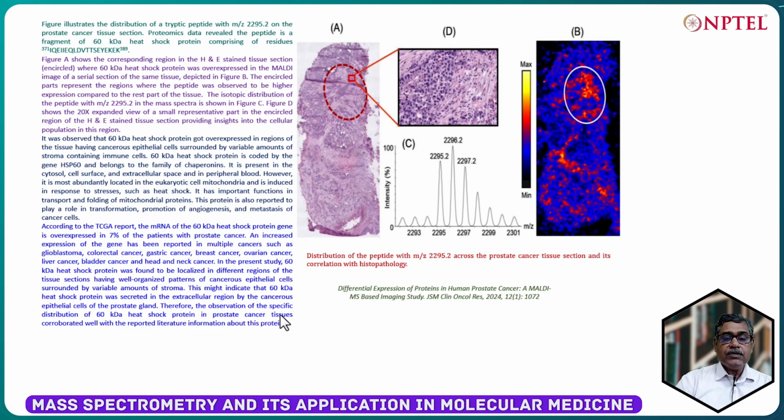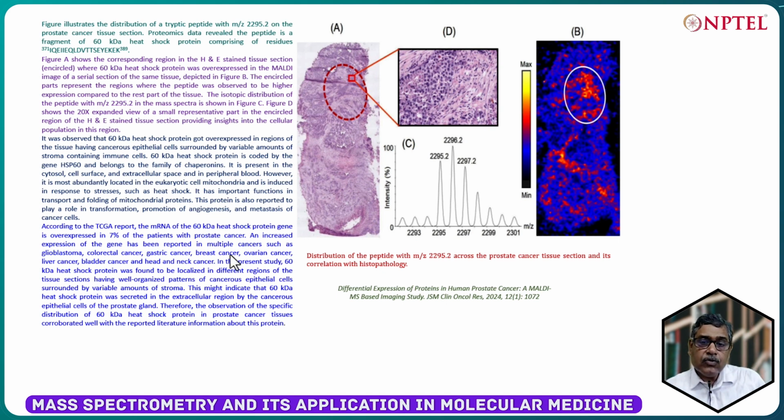Therefore, the observation of this specific distribution of the heat shock protein in prostate cancer tissues corroborated well with the reported literature information about this protein. So, at least for the 3 protein images which I showed you, their presence in a two-dimensional heterogeneous distribution across the tissues corroborated well with the reported literature.